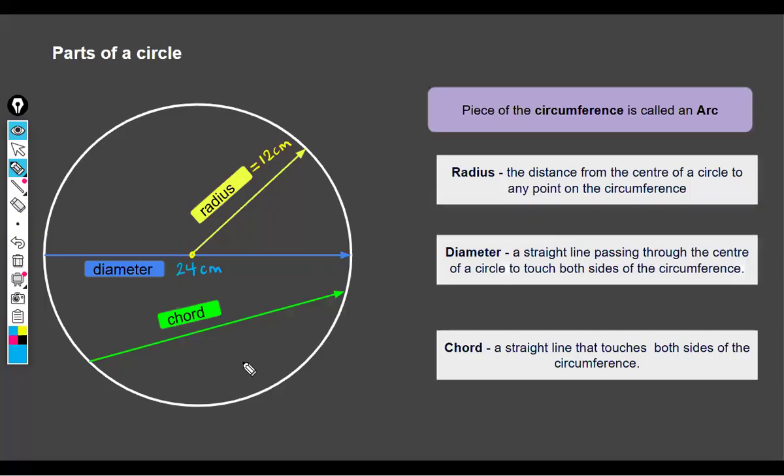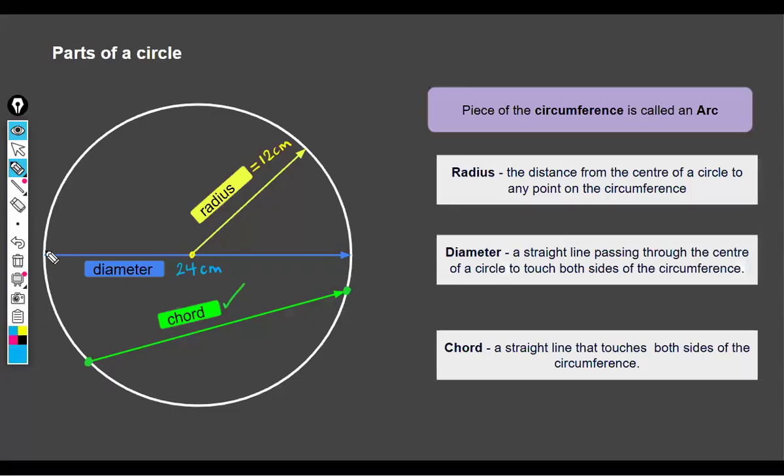Another thing you're going to be bumping into today, other than a radius and a diameter, is something called the chord. Here's the difference between a diameter and a chord. Both start on one side of the circumference and make it to the other side. But a chord does not go through the center.